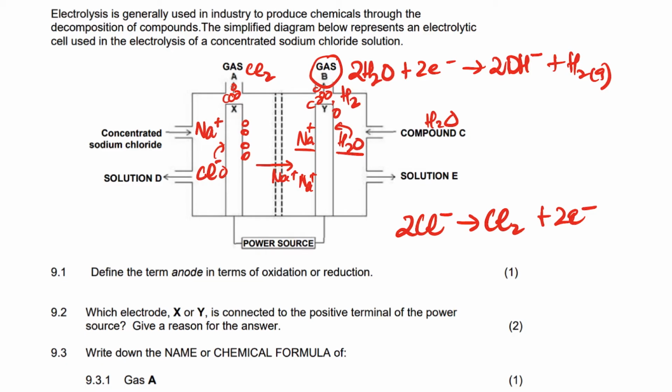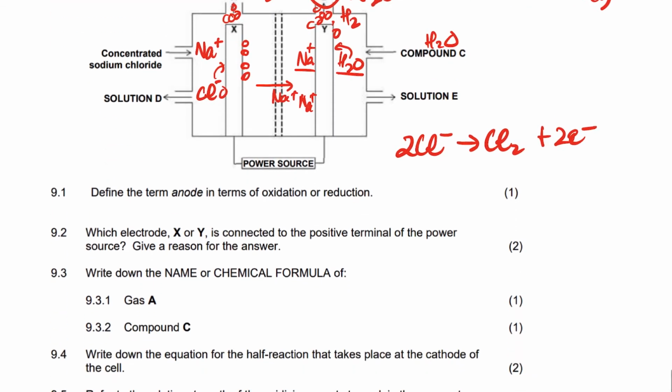Okay guys, I've explained this in some of my videos, but not in this type of concept, with this membrane setup. Now it says define the term anode in terms of oxidation or reduction.